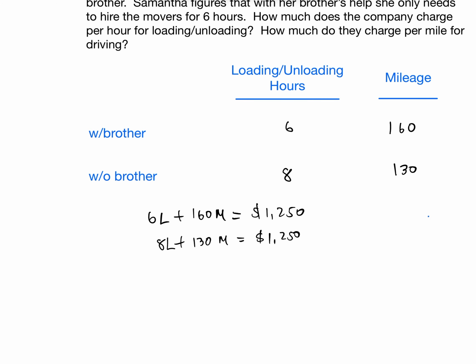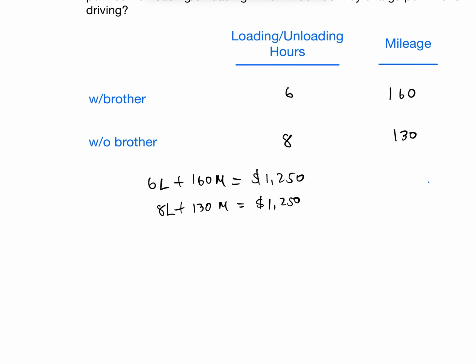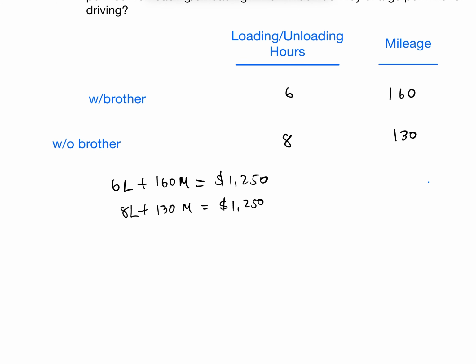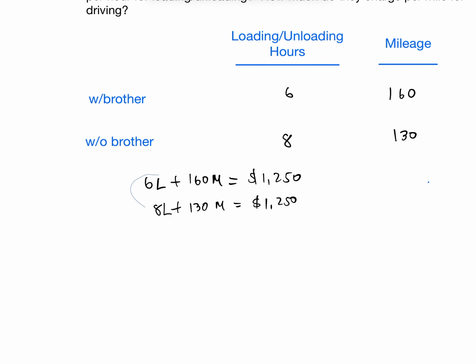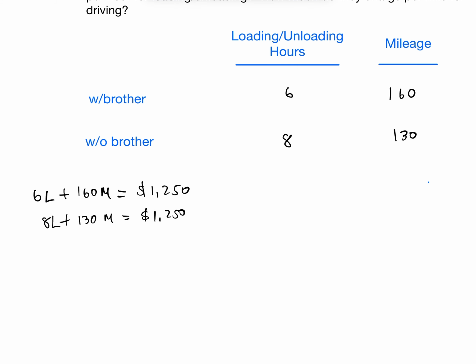So now we're going to have to adjust this equation. Let's go ahead and move this over a little bit. Okay, so we're going to multiply the first equation by 4 and the second equation by 3.